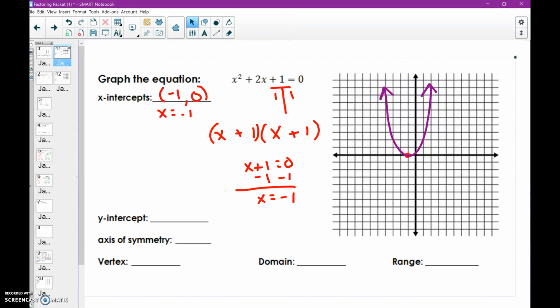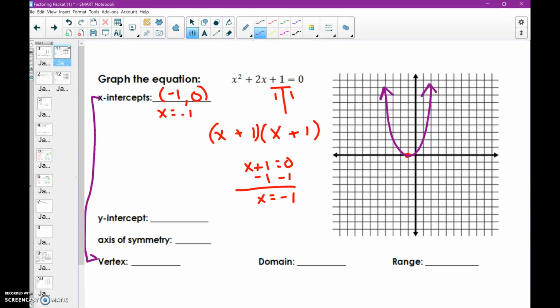The only way for there to be one x-intercept is if my parabola sits exactly on that spot, which means that x-intercept isn't just the x-intercept. What else is it actually for this special parabola? It's the one point, the lowest part of the parabola, the exact middle of it, so it also happens to be the vertex.